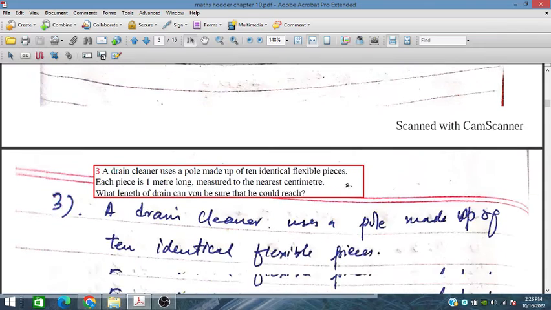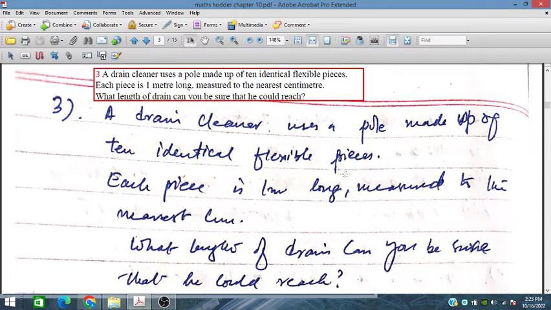Similarly for kg. A drain cleaner uses a pole made up of 10 identical flexible pieces. Each piece is 1 meter long, measured to the nearest centimeter. What length of drain can you be sure that he could reach? So this is the minimum length that has to be reached.